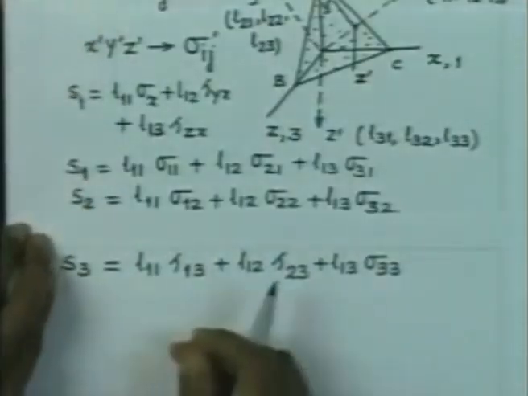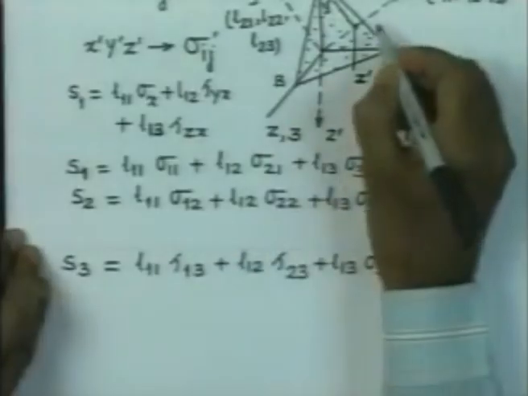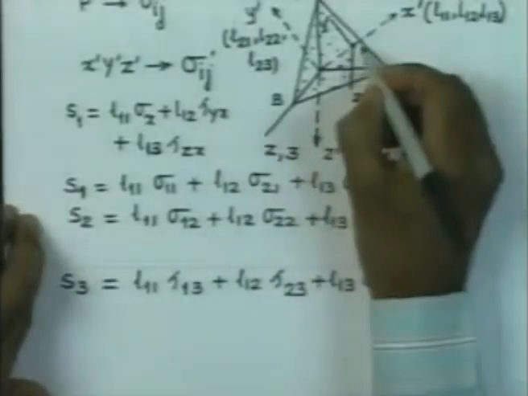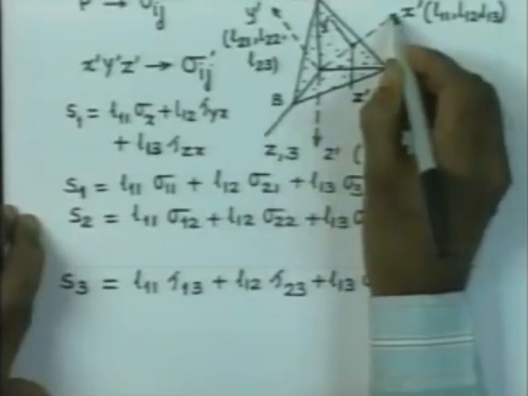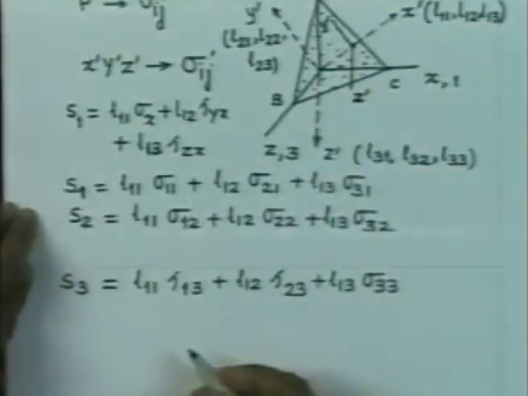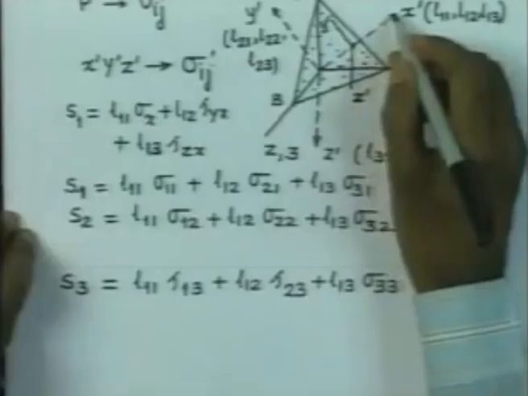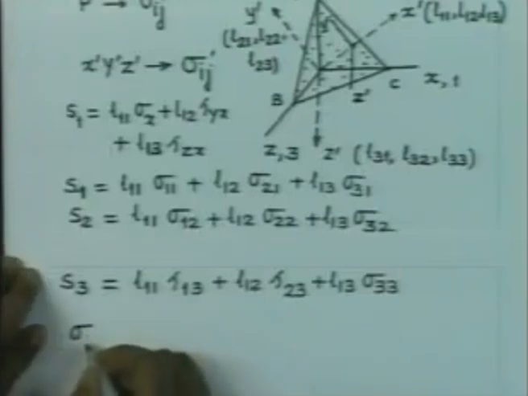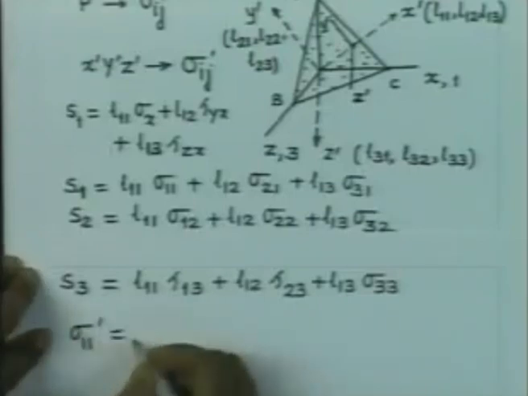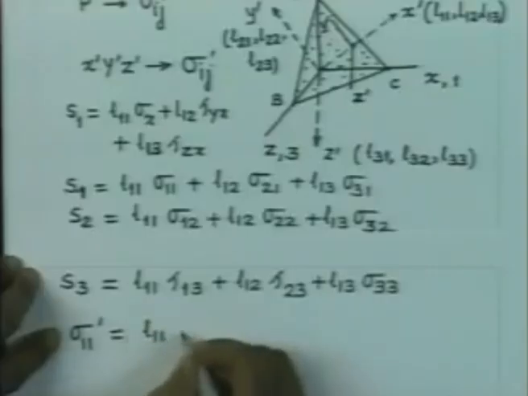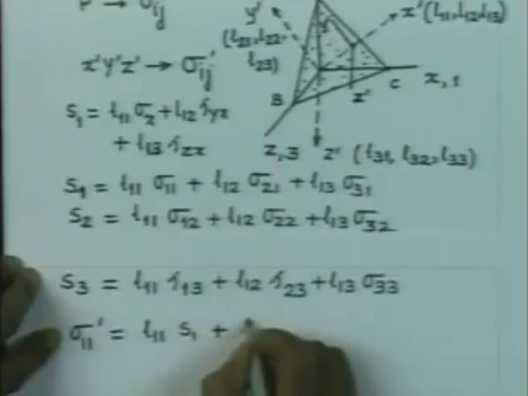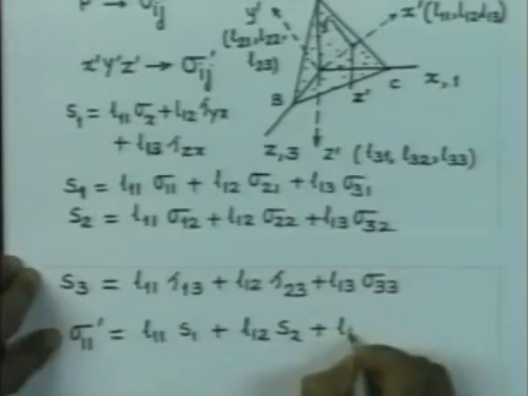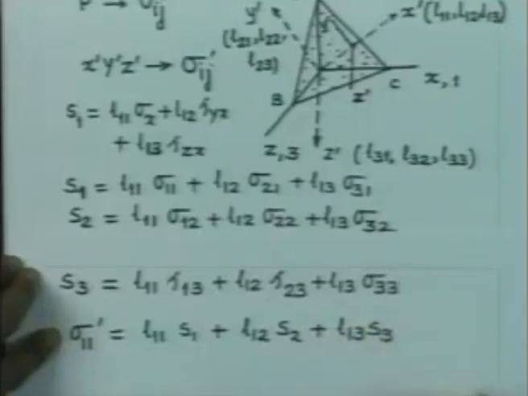Now, we can get the components of these tractions along x dash. If we consider the component of these tractions in this x dash direction, that will give us the normal stress, the stress in the x dash direction. So, we are going to get the stress sigma 11 dash, which is L11 S1 plus L12 into S2 plus L13 into S3.